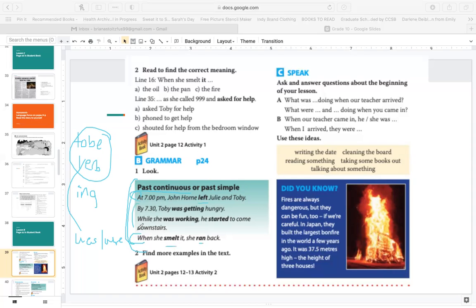But these two sentences are examples of past continuous. Was getting, was working. These are things that were happening in the past, and they happened over a space of time. So while she was working, this happened. He started to come downstairs. And by this time, Toby was getting hungry. So it's talking about a continuing action, but a continuing action in the past.